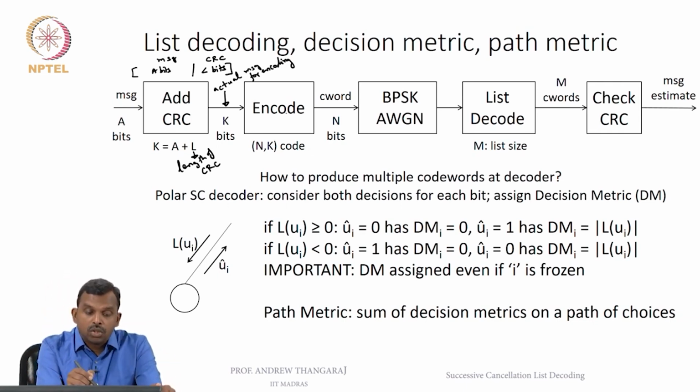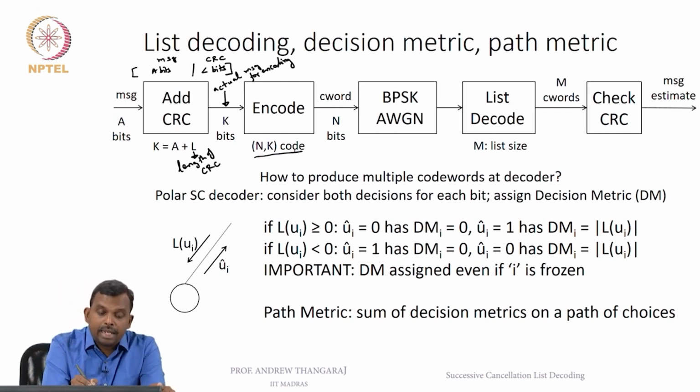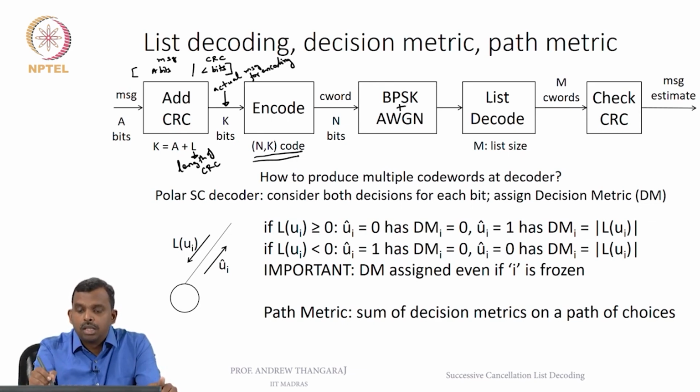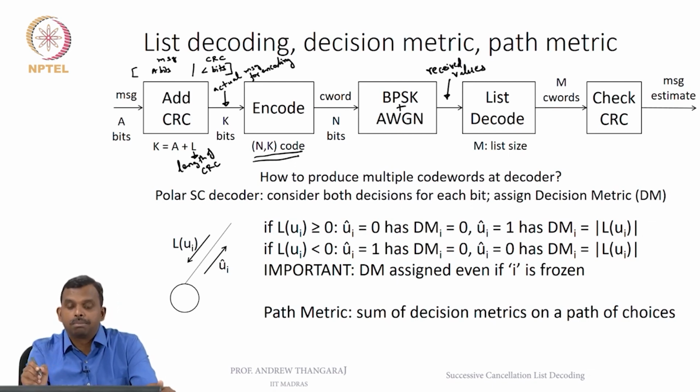So you encode. Encode, let's say, is an N,K Polar code maybe, and then you get a code word which is N bits. After that, you do BPSK plus AWGN, exactly like before. You get the received values here. So this is easy enough to see.